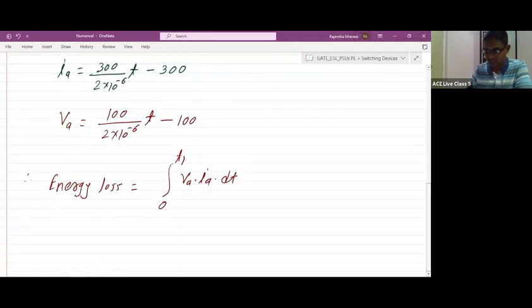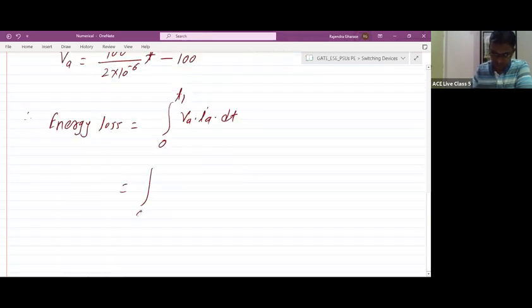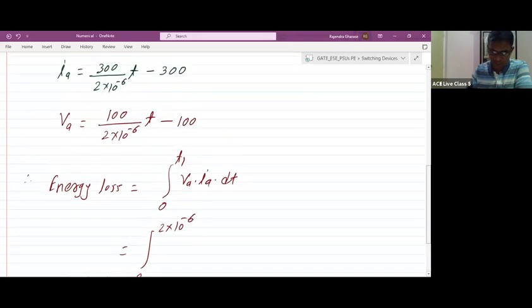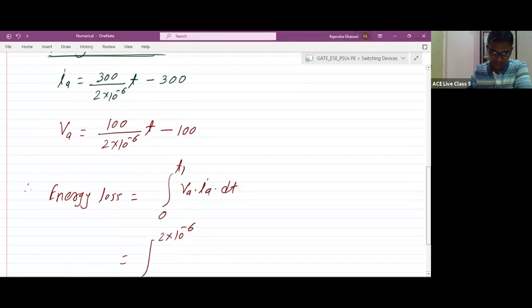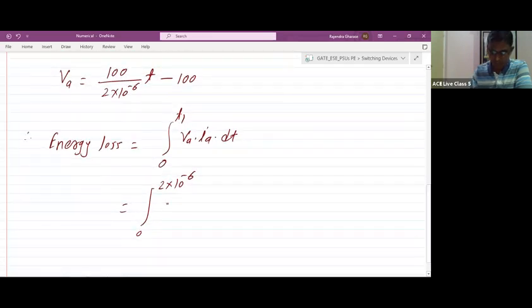So it is integration from 0 to 2 micro, 2 into 10 to the power minus 6. What is VA? 100 upon 2 micro. So 100 upon 2 into 10 to the power minus 6 into t minus 100, and what is IA?